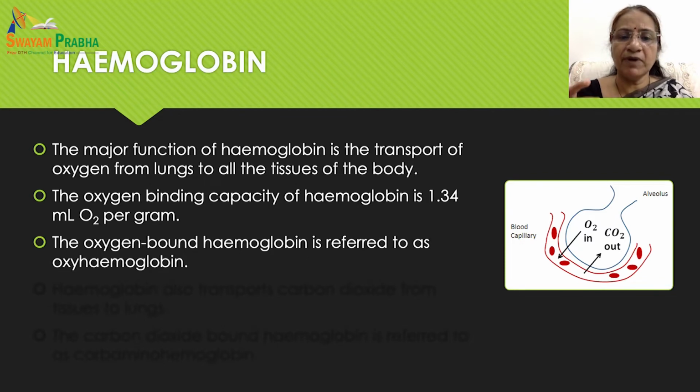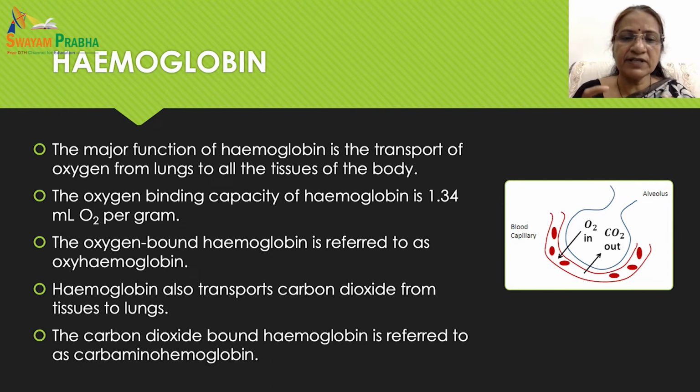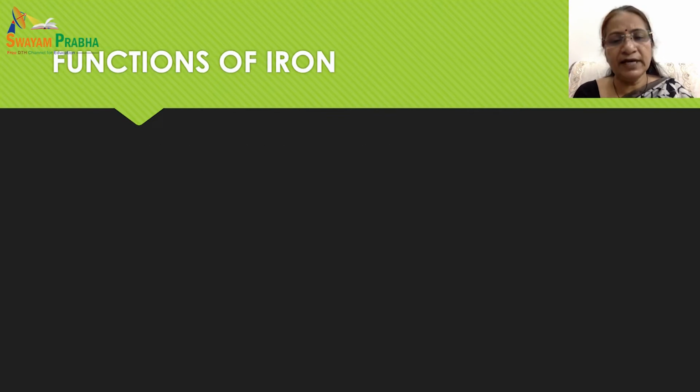The oxygen bound hemoglobin is referred to as oxyhemoglobin. Hemoglobin also transports carbon dioxide from tissues to lungs. The carbon dioxide bound hemoglobin is referred to as carbaminohemoglobin.